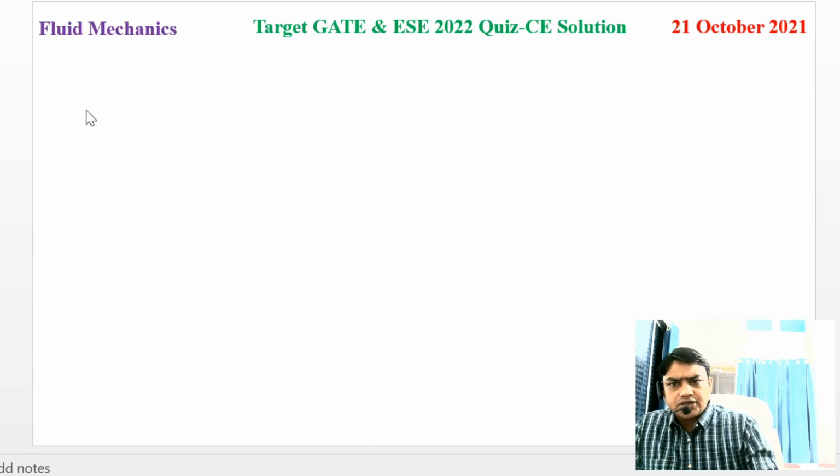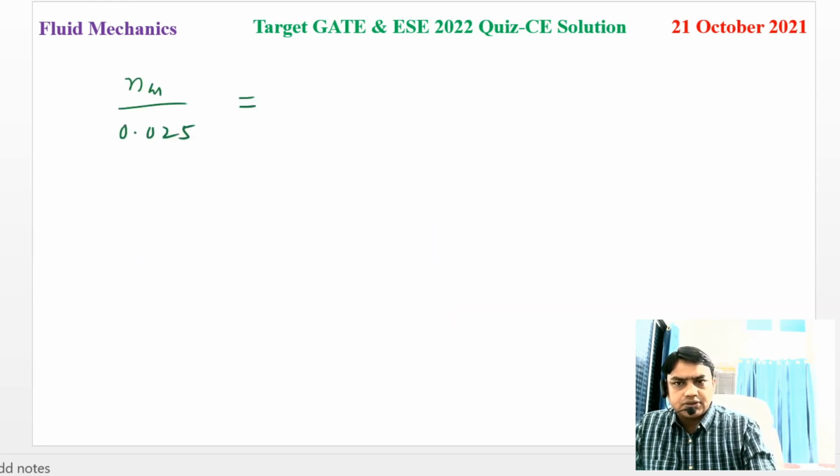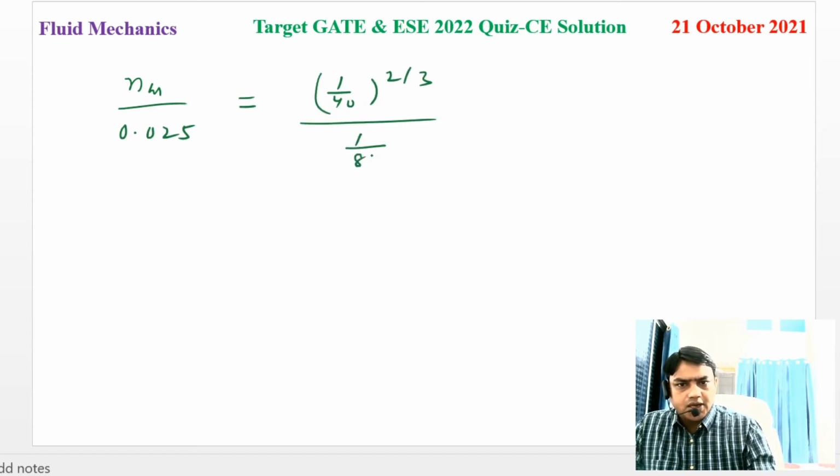So here we have to find the Manning's roughness in the model, and for the prototype it is given 0.025, that is equal to the scale ratio in vertical direction, that is 1 by 40 to the power 2 by 3, divided by 1 by 800 to the power half.